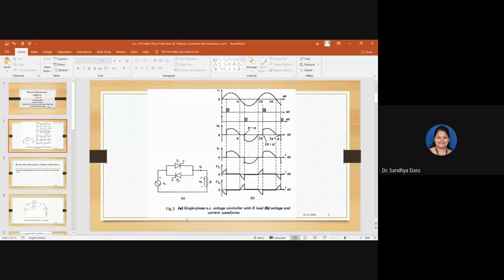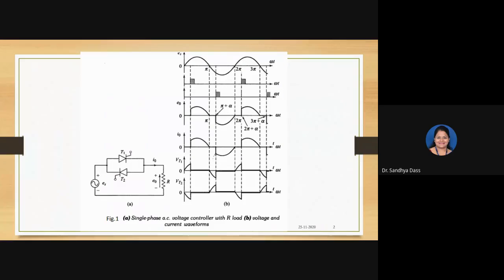All right. So in the previous class, we had discussed resistive load, and these were the waveforms. I hope all of you have gone through the session, because today's session will be a continuation of the same, right?